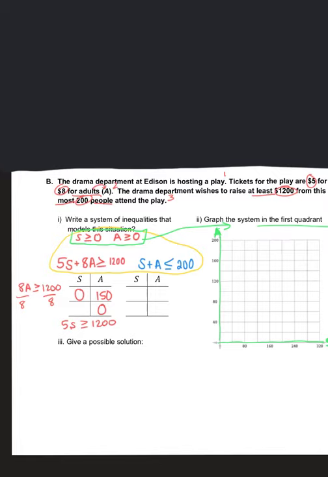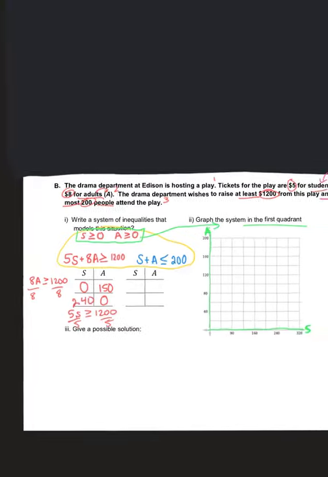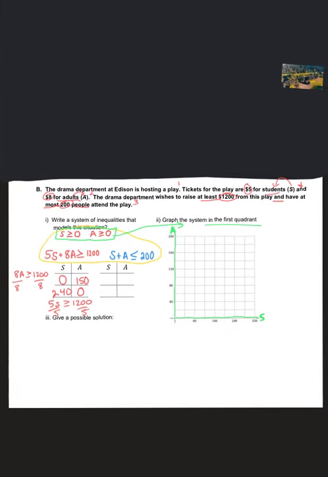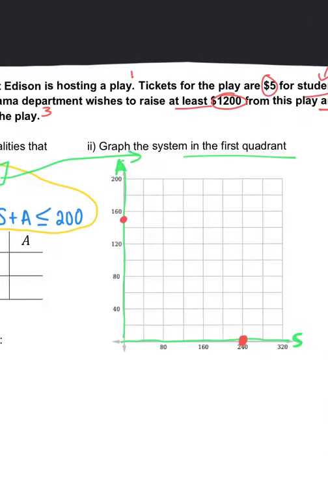So now we take 1,200 and divide it by 5, and I get 240. Let's graph that. On the S-axis, which is the x-axis, we have a point at 240. And on the A-axis, which in this case is the y-axis, I have a point at 150. I have a solid line because my inequality was greater than or equal to. So I'm going to connect my 2 red dots with a solid line.